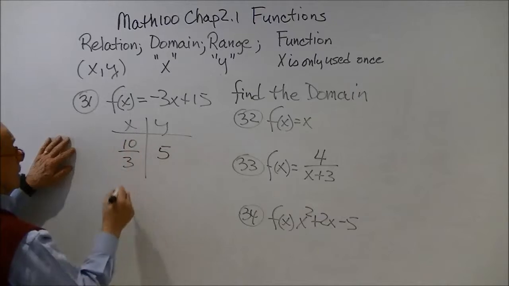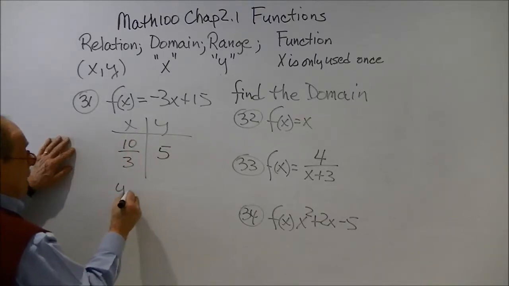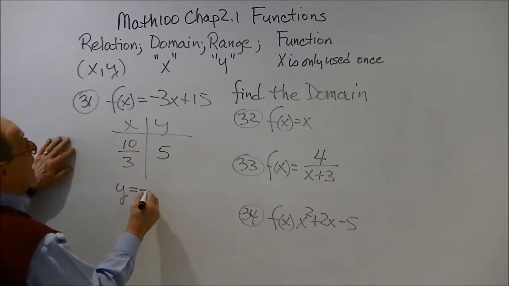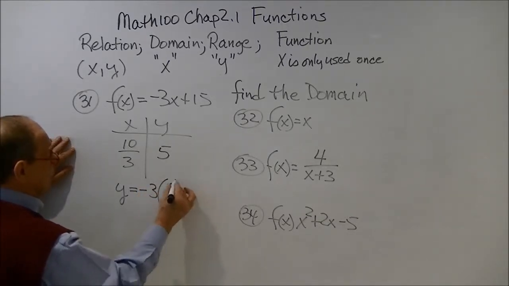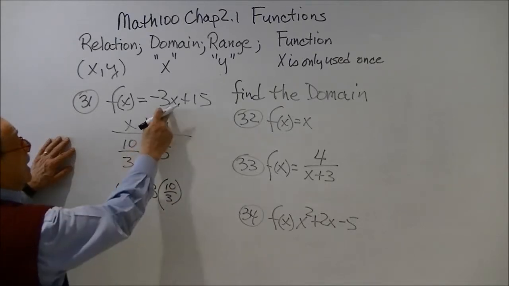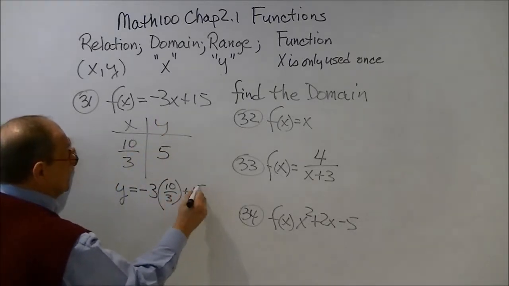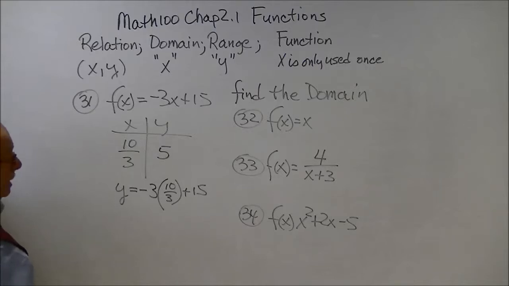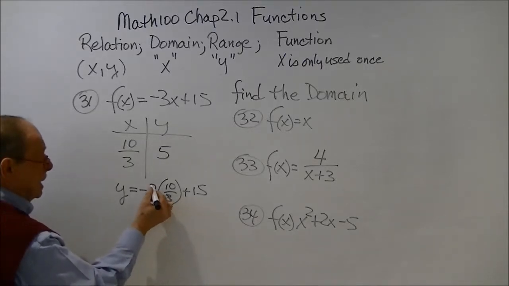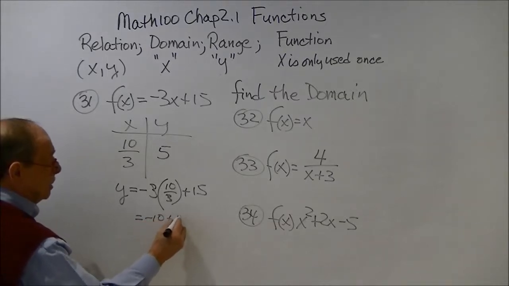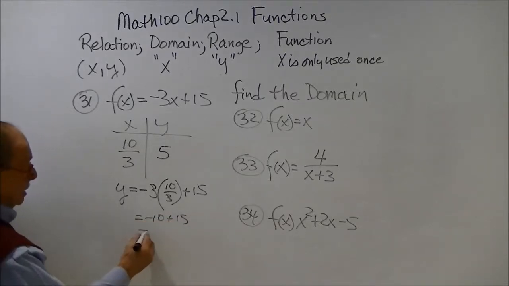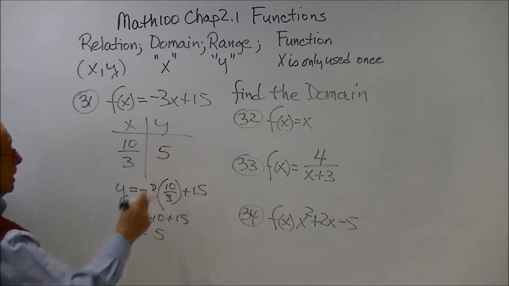Well, we're going to remember this is y equals negative 3 times 10/3. There's our value of x, plus 15. Now the 3's cancel out, and you're left here with a negative 10 plus 15. That equals 5, and that's where I get the 5 from.